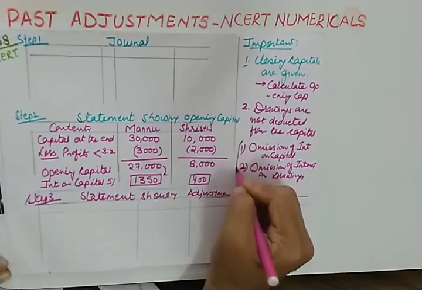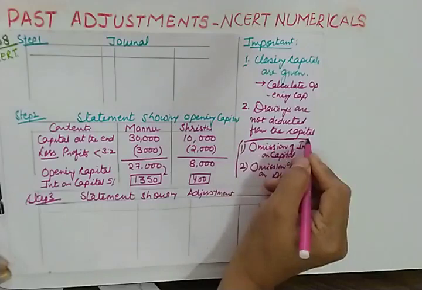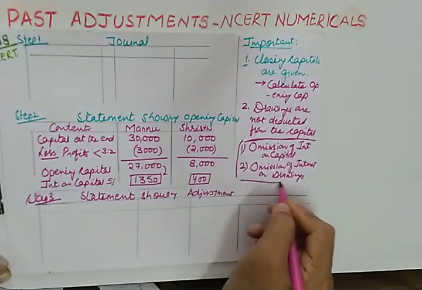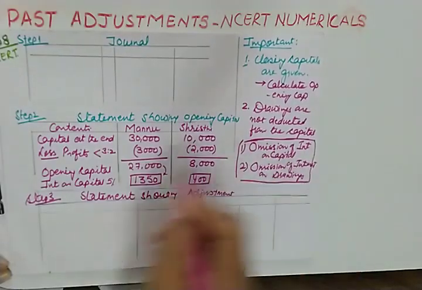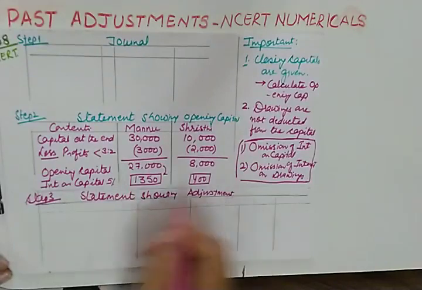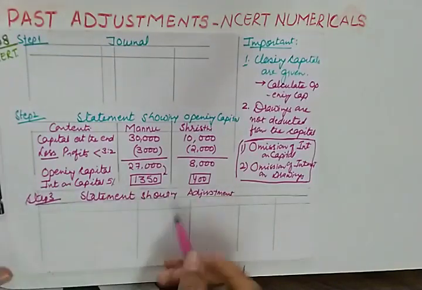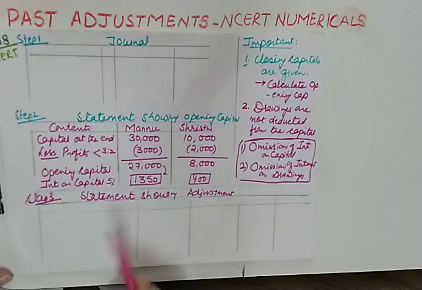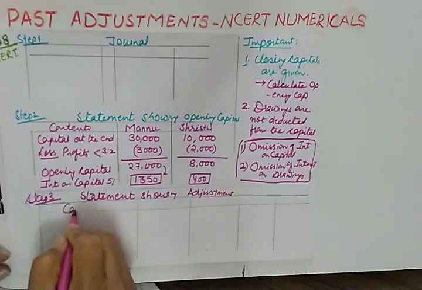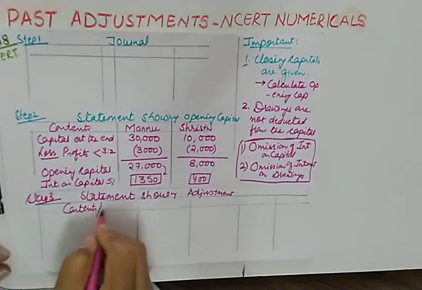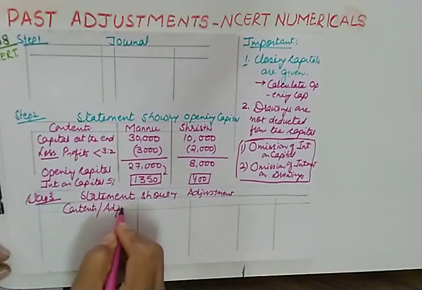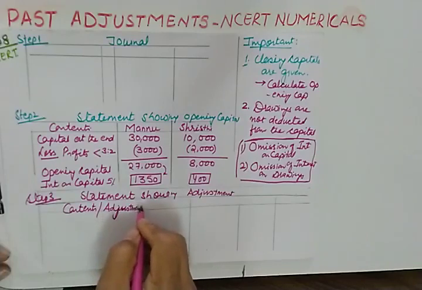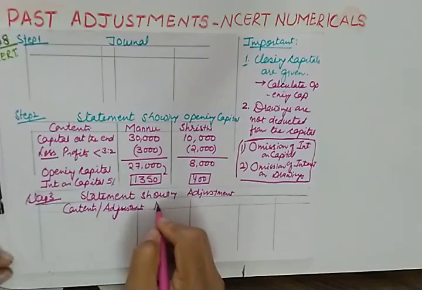So these are the two omissions which we need to solve through this statement showing adjustment. Now I told you the number of partners is 2, so you will be making 4 columns: one column for adjustments, second column for partner 1.